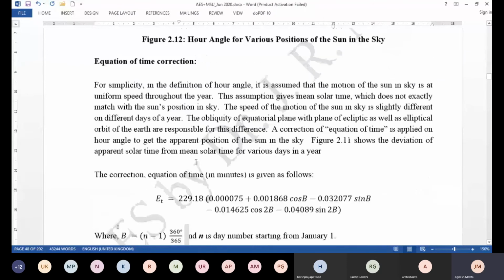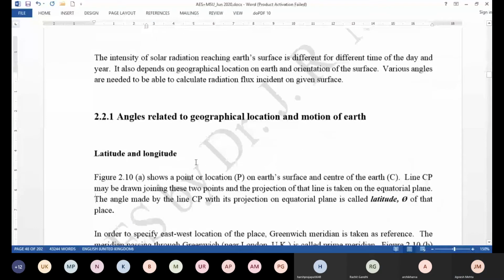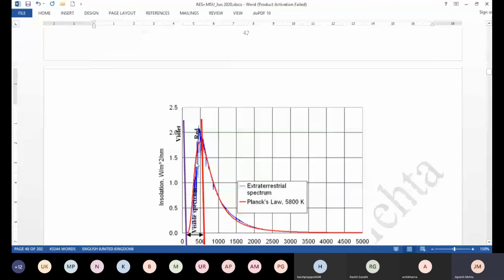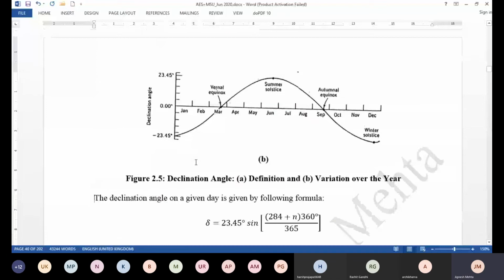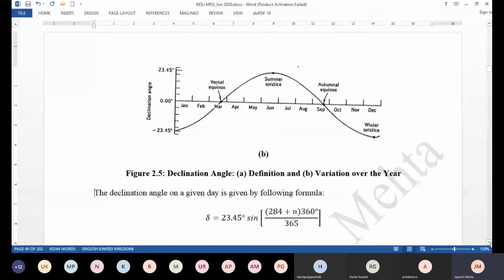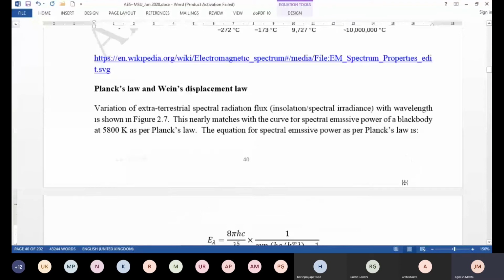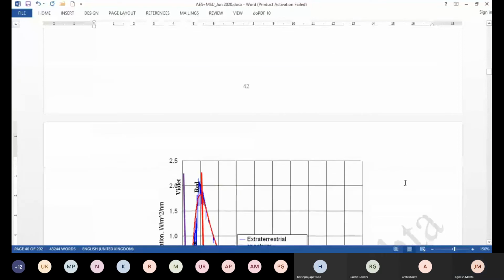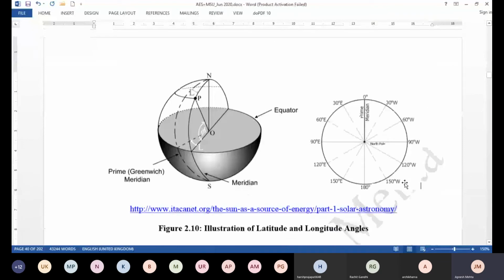The formula for declination angle is this: 23.45 degrees sine of 284 plus n, times 360 degrees upon 365. Here n you are going to put 21. So with the help of this, try to get the declination angle. Okay, and then you can mute yourself and tell me what is the answer.